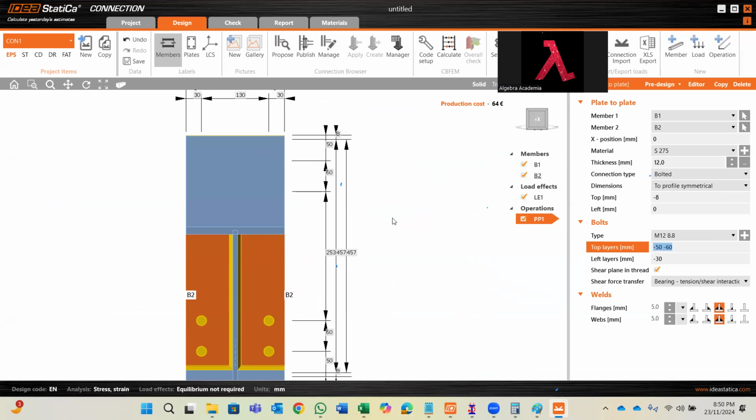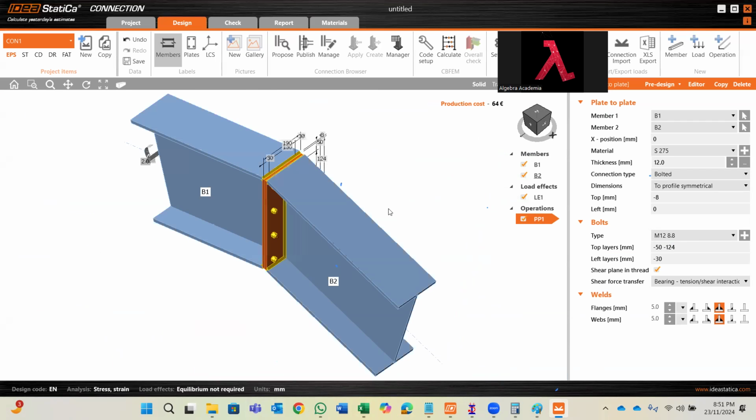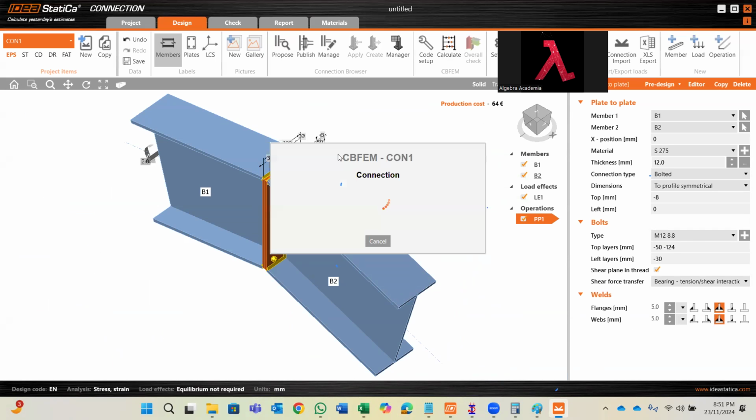So let me see. 60, 253, 60. So 60 plus 253 plus 60, divided by 3, gives 124. I'm changing the weld thickness to 5 millimeter on both sides. That's all, and do the calculation.